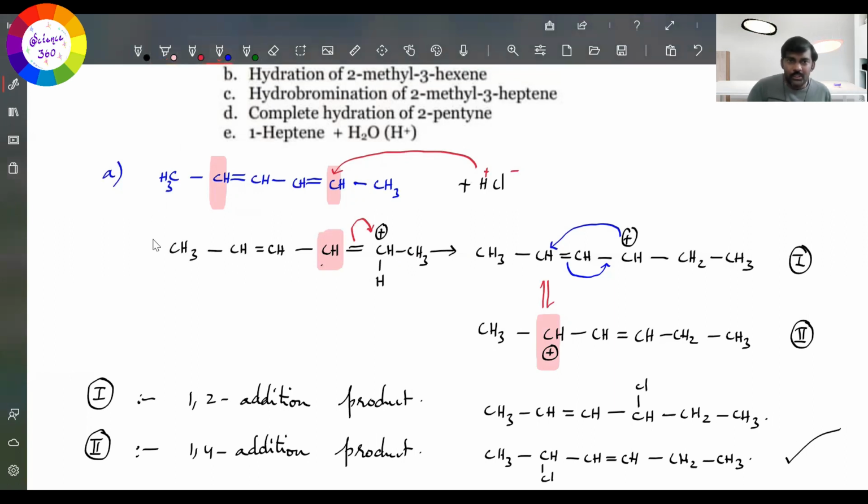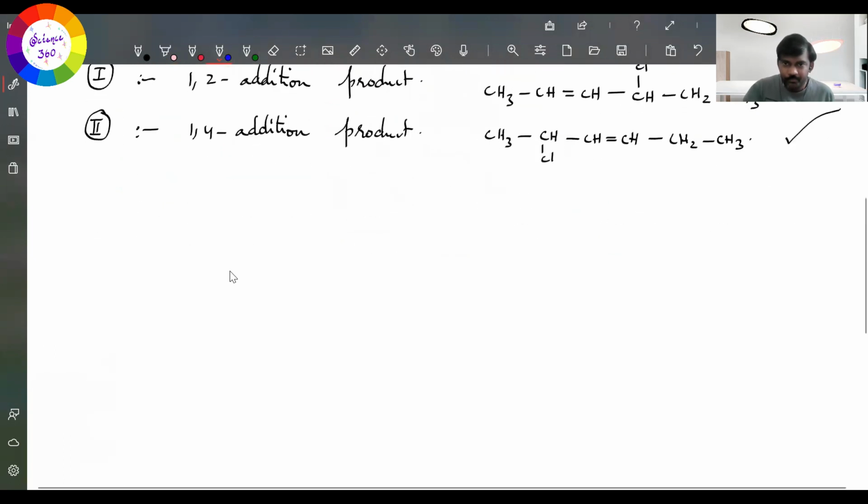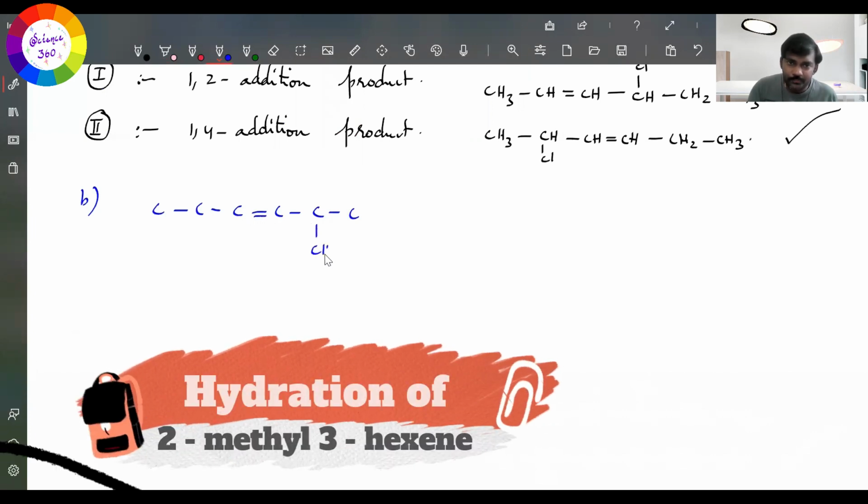B, hydration of 2-methyl 3-hexene. Hydration means we are going to add a water molecule to the 2-methyl 3-hexene. So 2-methyl 3-hexene means 1, 2, 3, 4, 5, 6, with the double bond at 3-hexene and a 2-methyl here.